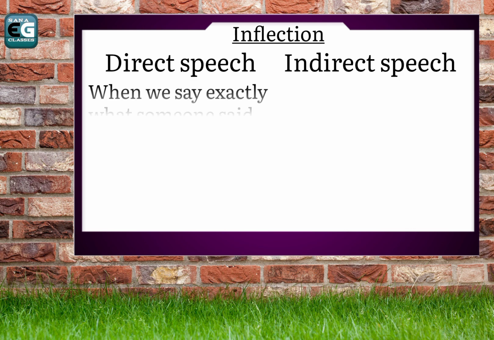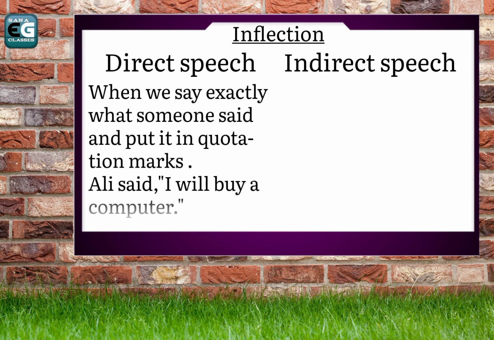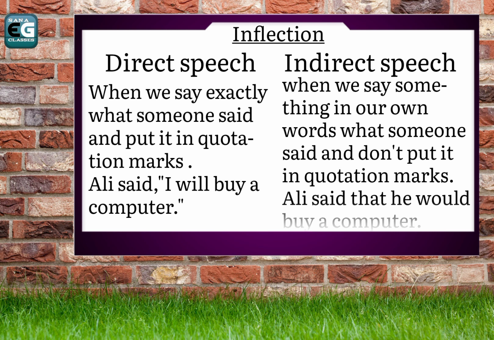First, direct speech, when we say exactly what someone said and put it in quotation marks, like Ali said, I will buy a computer. And on the other hand, indirect speech, when we say something in our own words, what someone said, and don't put it in quotation marks. Likewise, Ali said that he would buy a computer.